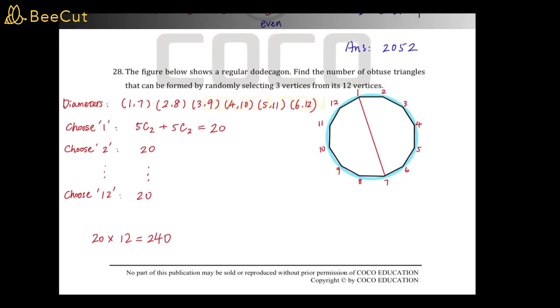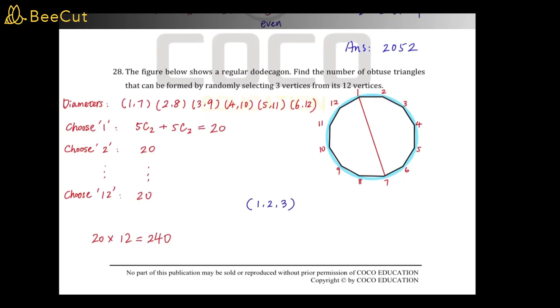But one thing to take note is that some of the triangles are counted twice. For example, let's look at the triangle 1, 2, and 3. Right. So we get this when we are checking the point 1, where 1, 7 is the diameter.